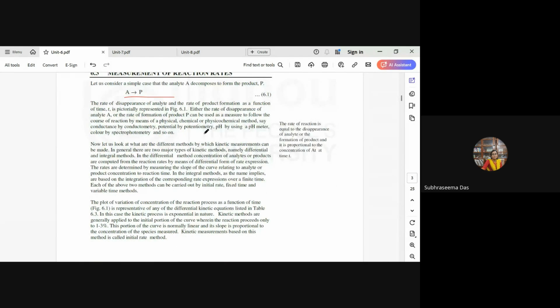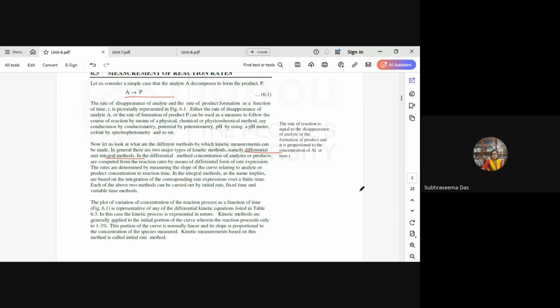There are various methods by which kinetic measurements can be done. In general, there are two ways by which kinetic methods are measured. One is called the differential method and the other is called the integral method.